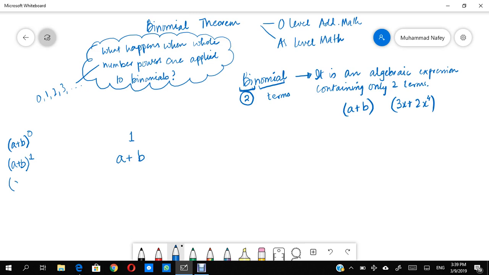Now let's increase the power one more time. a plus b whole squared. Now this time we will be getting three terms, and we know the identity. We have studied that in O levels, and it is a squared add 2ab add b squared.